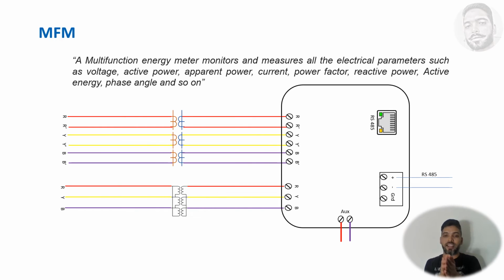Now I can show you how it looks as a graphical representation. There will be an auxiliary supply for this MFM, and CT and PT are always connected, and there will be a Modbus port, like positive, negative, and ground. Ground we generally don't use, but if you have a shielded cable, you should use this ground also. But if you don't have a shielded cable, it's not required. This ground is not your actual electrical ground.